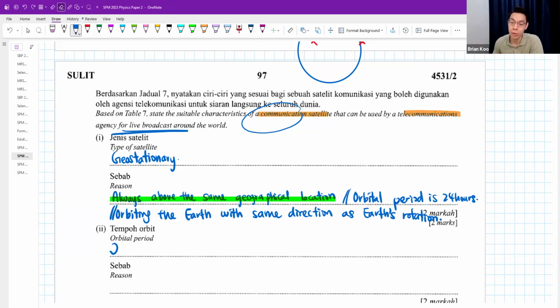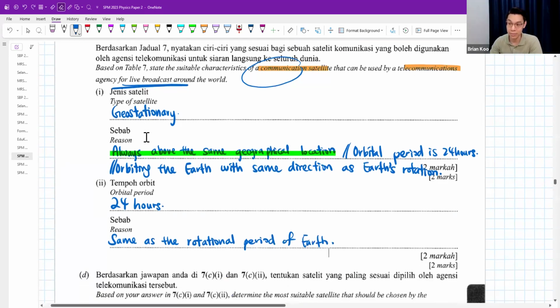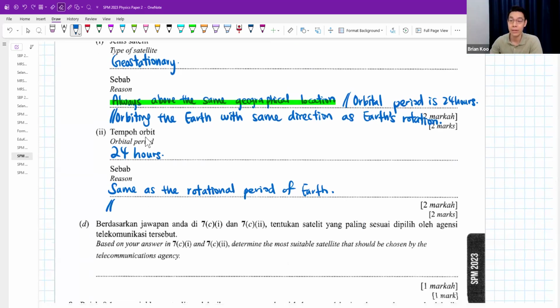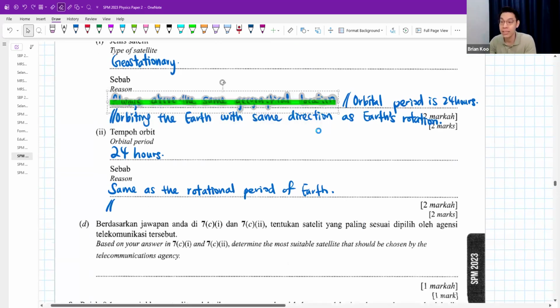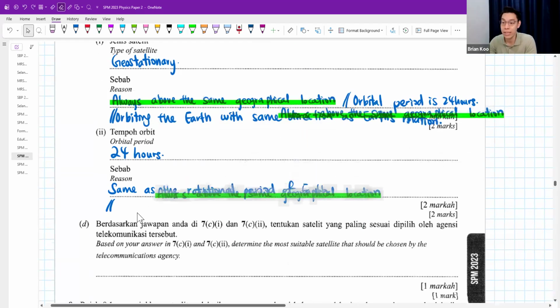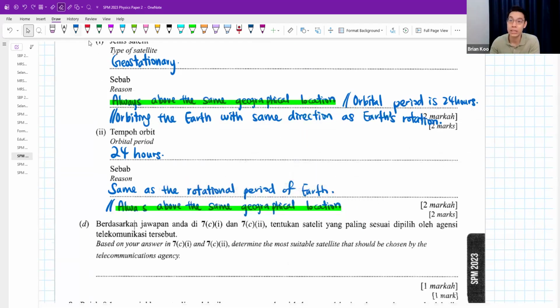Orbital period, I want 24 hours, so that it is same as the rotational period of Earth. Or you can say, so that, can I cheat a little bit? I copy this sentence. It is always above the same geographical location.